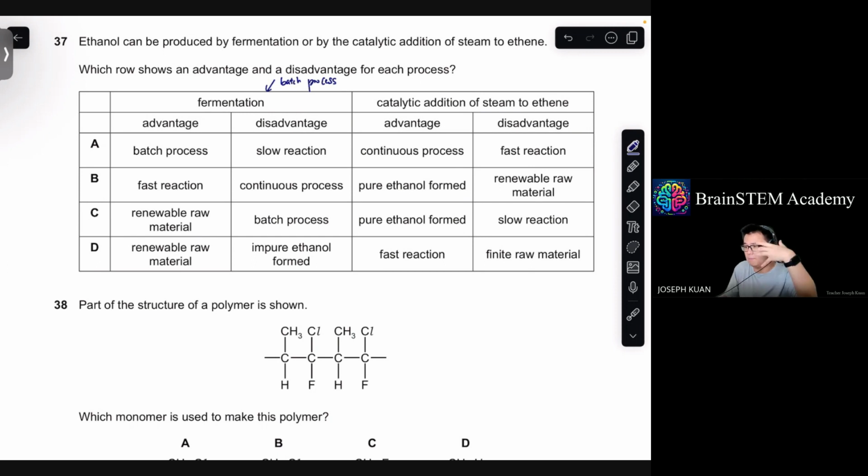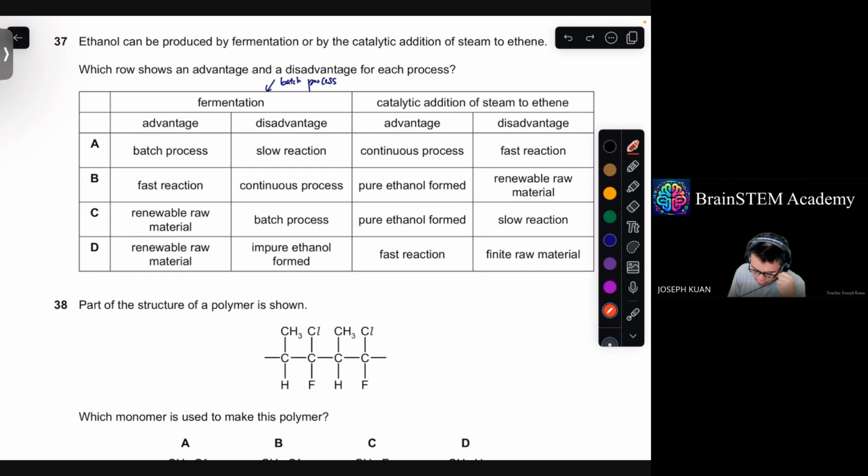So it must be a batch process. That's actually a disadvantage. It doesn't give the best efficiency, as you need to replace them often. So there's more of a disadvantage. So A is pretty much off.